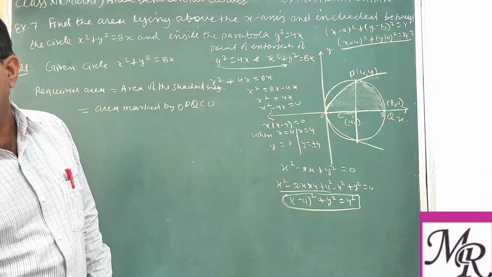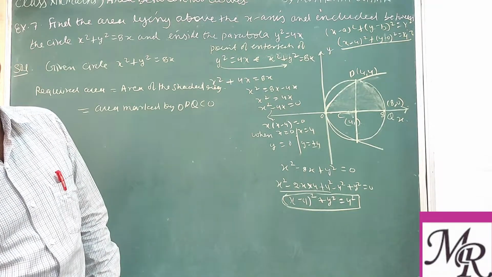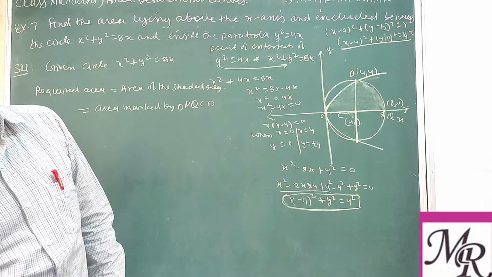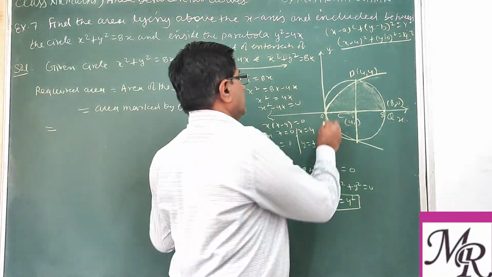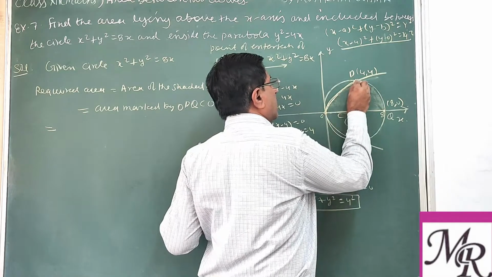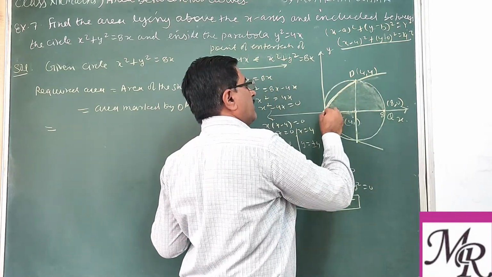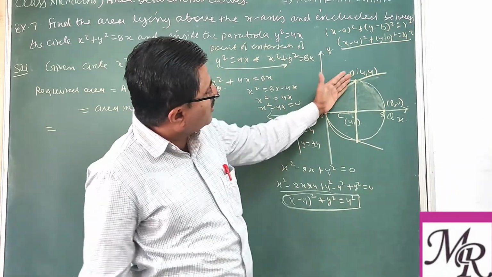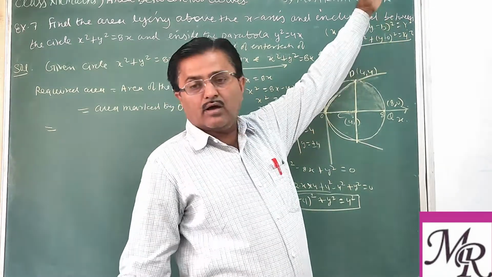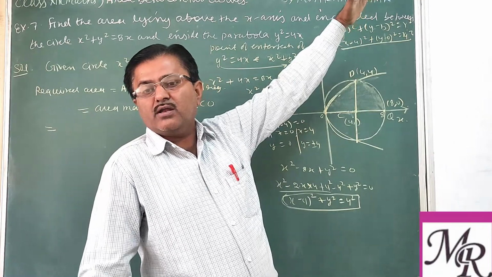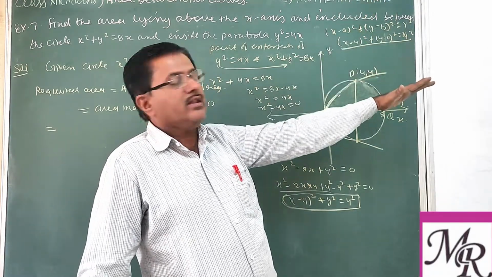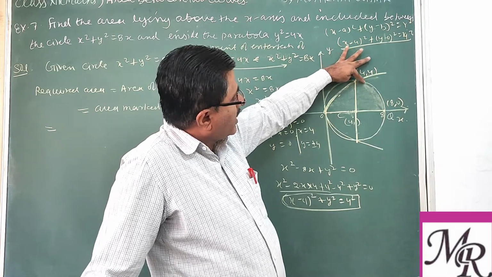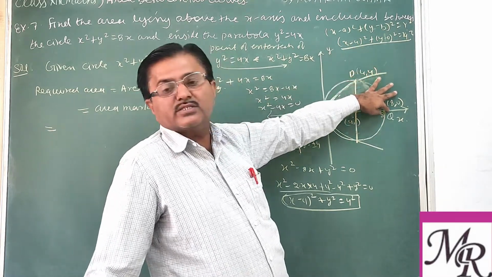This area when we find that will be divided into two parts. Which part? First is this area covered by the parabolic curve, up to this point. After this, the curve goes outside the parabolic region, then after this point the area is enclosed by the circle.